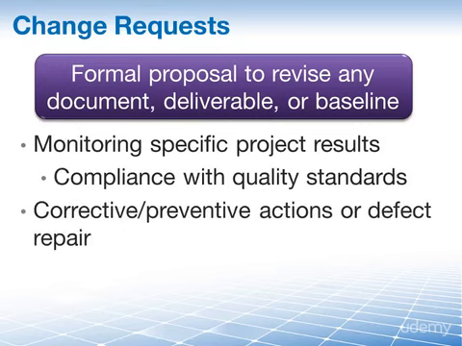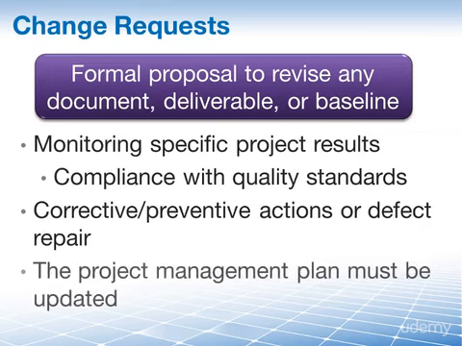If not, then recommended corrective or preventive actions or a defect repair must be undertaken so that the deliverable is in compliance. Whatever form corrections take requires a change to the project management plan, so a change request should be issued in accordance with the Perform Integrated Change Control process, which is covered in more detail in that particular lesson.